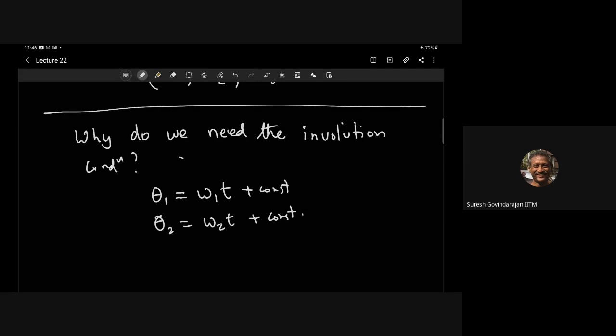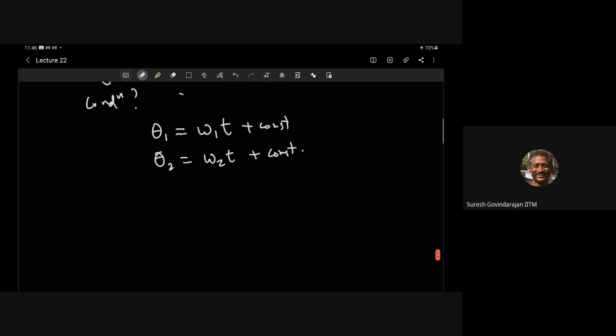There is no mixing of them. So what we need is that translations in theta are generated by I1 and I2, and they have to commute with each other. These flows, motion in the theta 1 direction and motion in the theta 2 direction, should commute with each other.